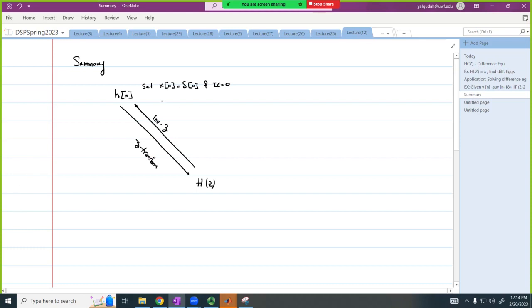If I take h of z, we call this the transfer function. If I replace z with e to the j omega, I'm going to get h of e to the j omega, which is the frequency response.